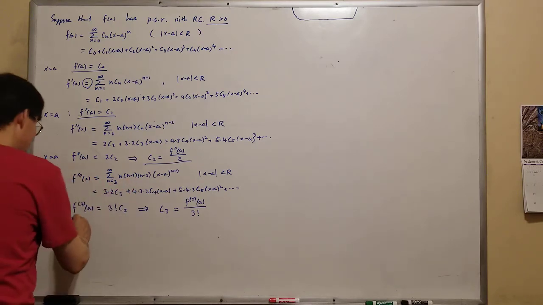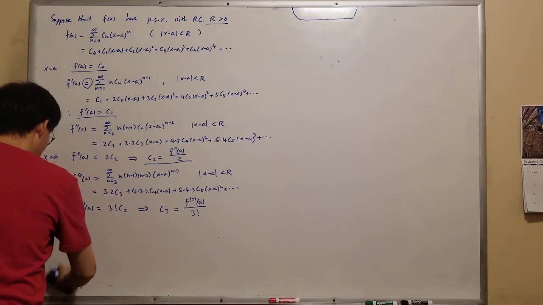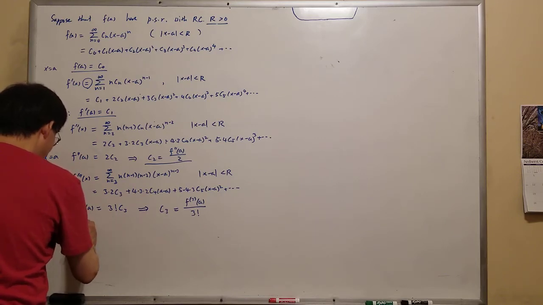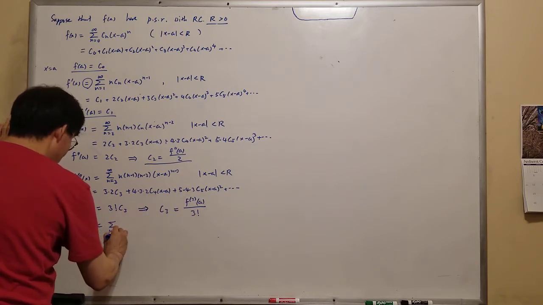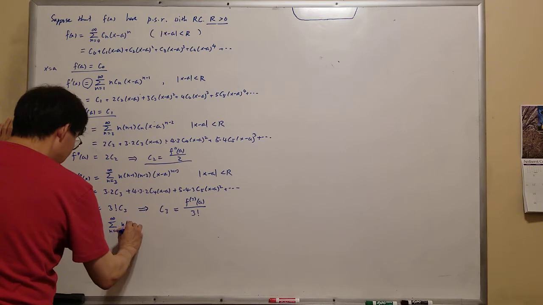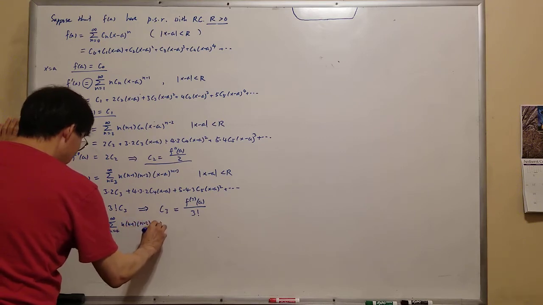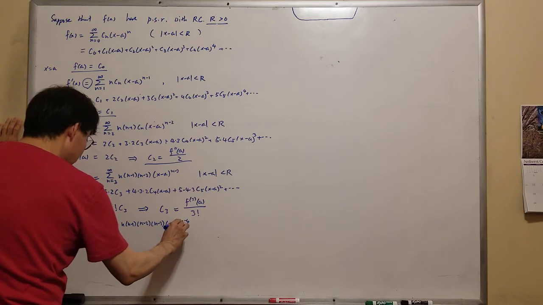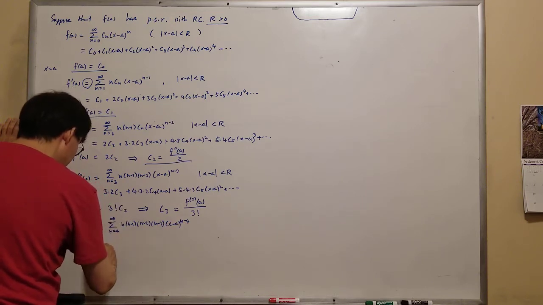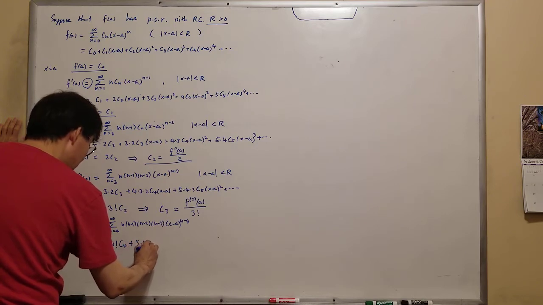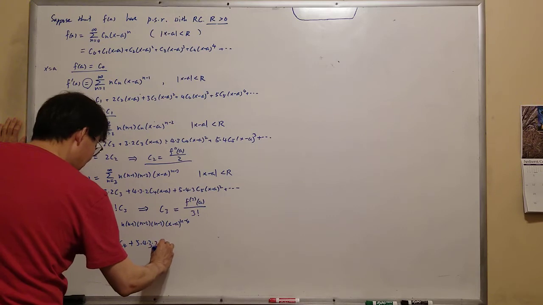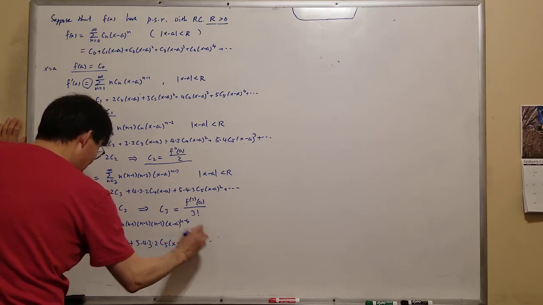Take another derivative. The fourth order derivative of f also has a power series representation with the same radius of convergence. That would be 4 factorial c4, then 5 times 4 times 3 times 2 c5(x minus a), and then higher order terms.